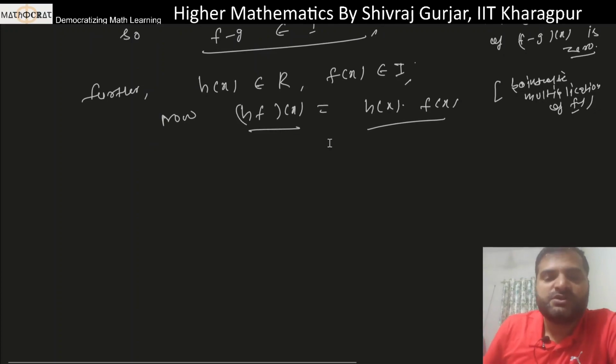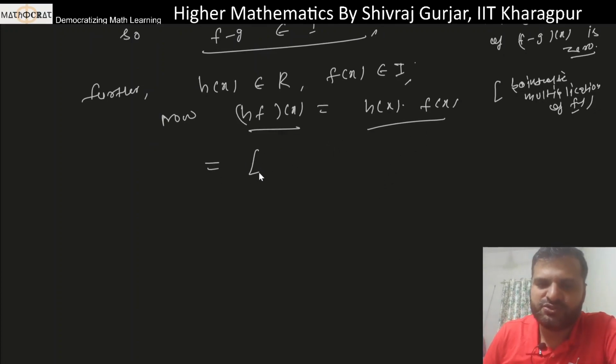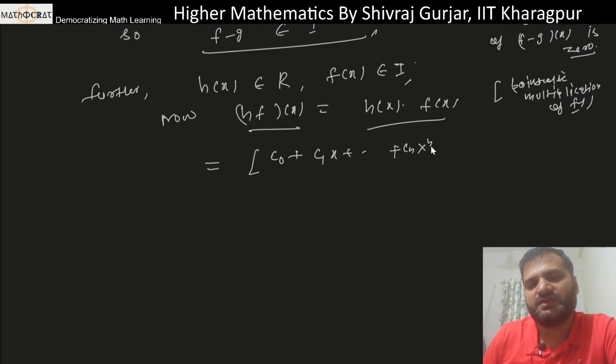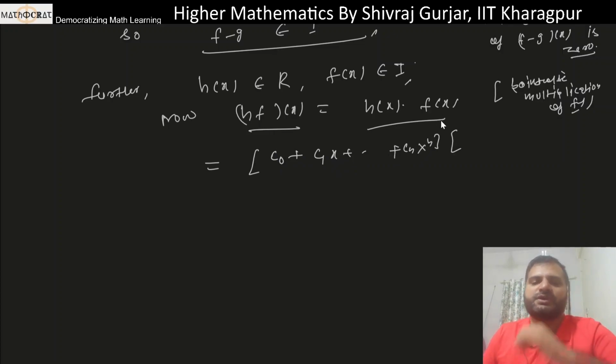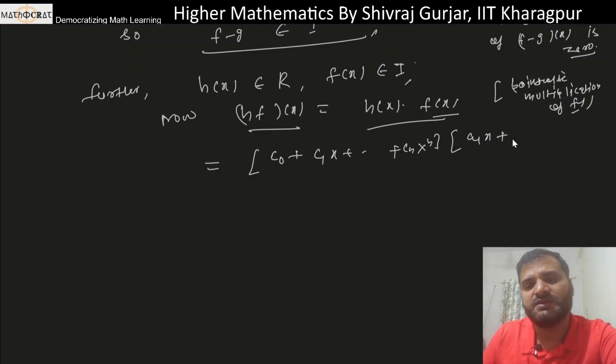Okay, so now we can say that h(x) is a normal function, let us call it c0 plus c1x and so on up to cn xn. And f(x) is in I, so the constant term will be 0, so this will be a1x and so on up to an x power n.